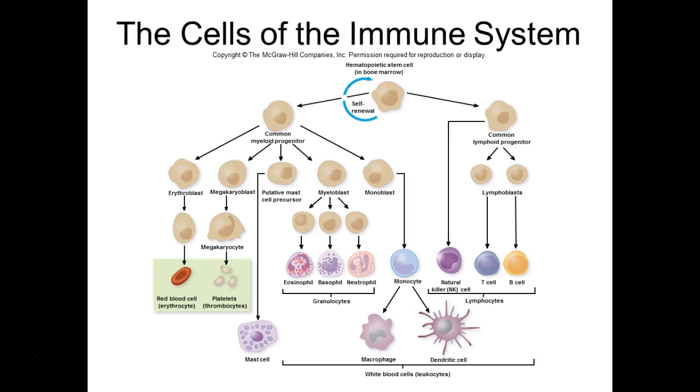Macrophage, neutrophils, one more. Related to the monocyte. Dendritic cells, right? These are your major eaters. Macrophages are big eaters, your phagocytic cells. Your dendritic cells can phagocytose too.